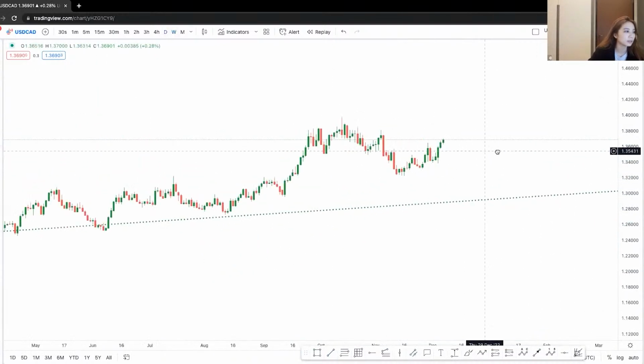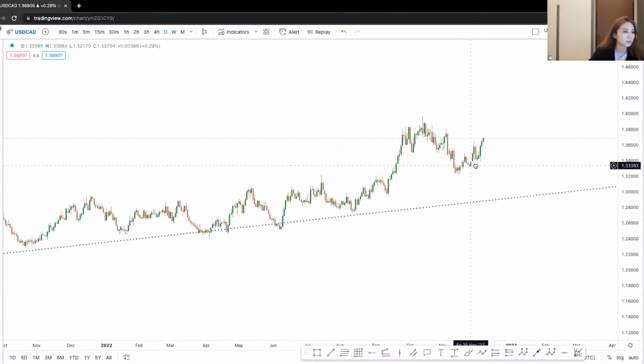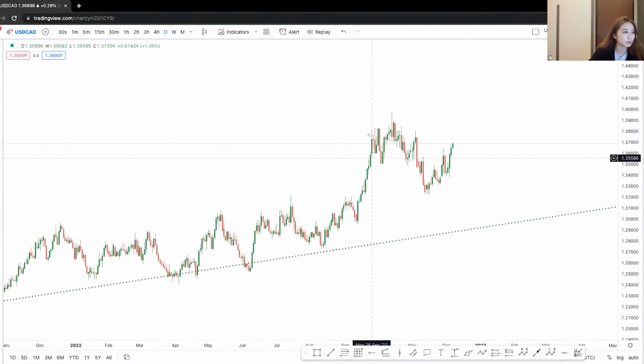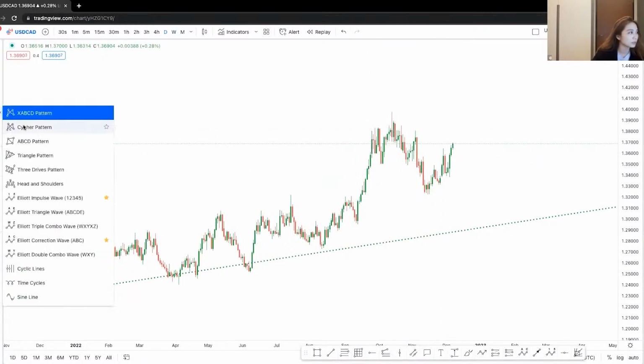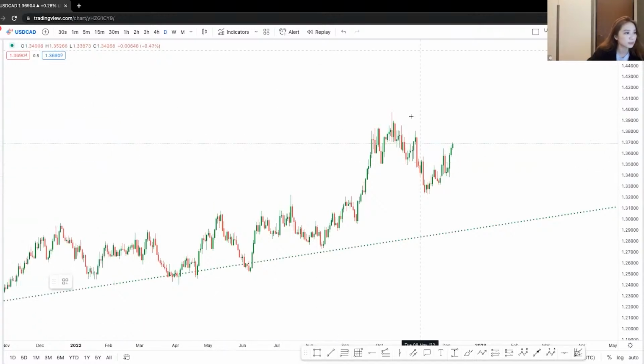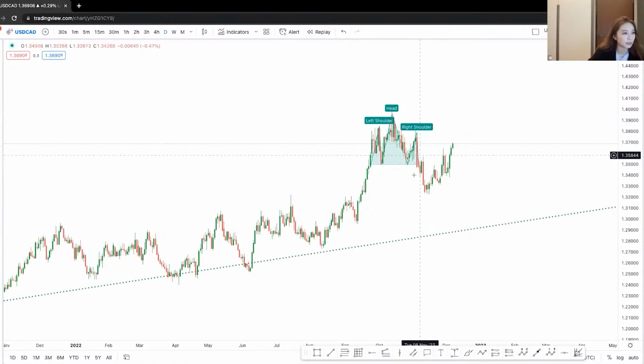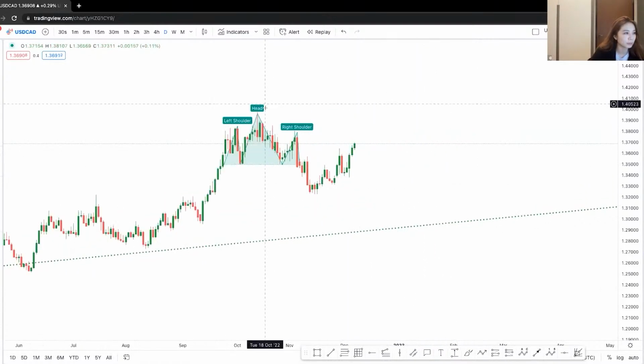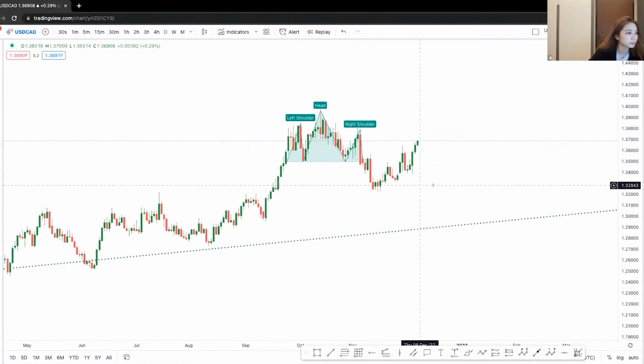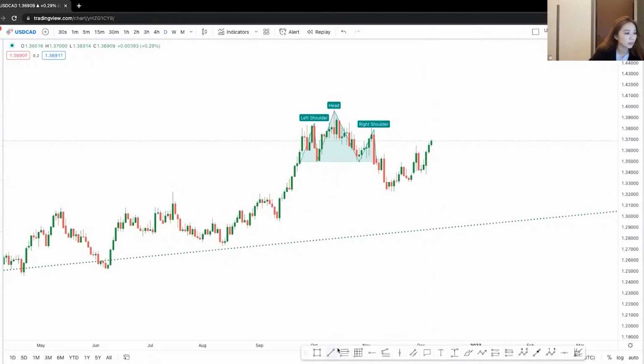On the daily, the slope seems to be slowing down a little bit. Previously, it looks like it has had a head and shoulders pattern kind of thing. Yep, it did react up to it a little bit and then picked up the momentum again. Looking at a potential support over here.